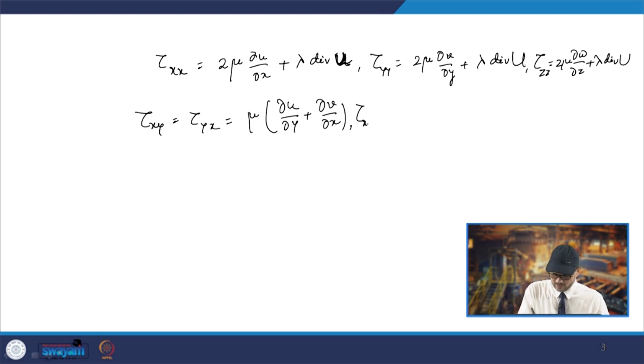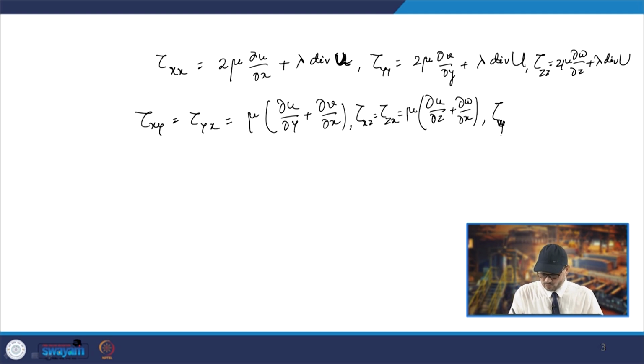Similarly, tau xz equal to tau zx will be mu times dou u by dou z plus dou w by dou x, and tau yz or tau zy will be mu times dou v by dou z plus dou w by dou y.